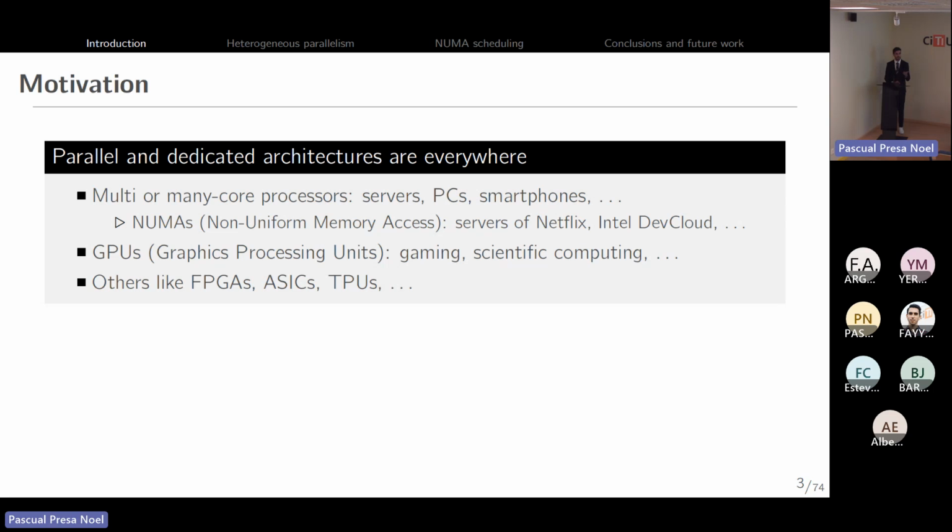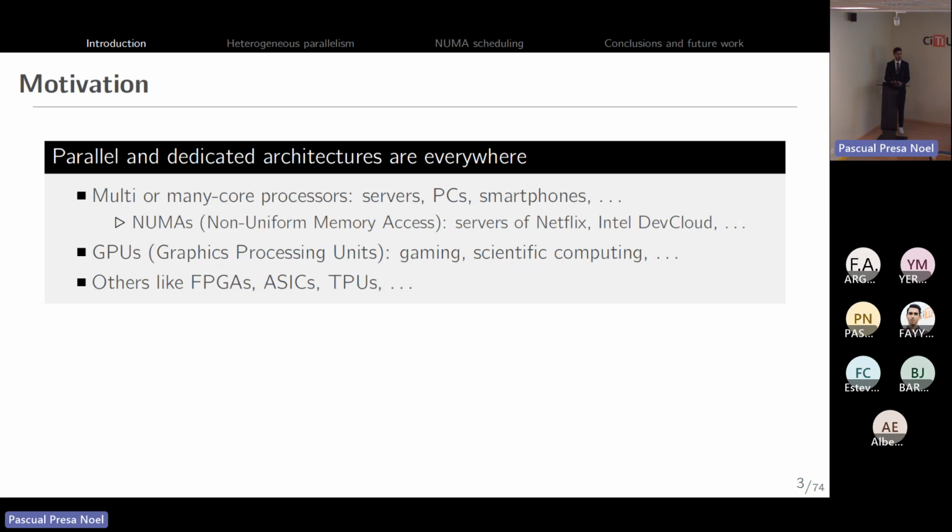We are also very familiar with GPUs, quite popular in the gaming industry some years ago, but right now they are very popular in scientific computing for physical simulations, and in the industry of machine learning. We are also getting familiar with other devices like FPGAs, ASICs, or tensor processing units.